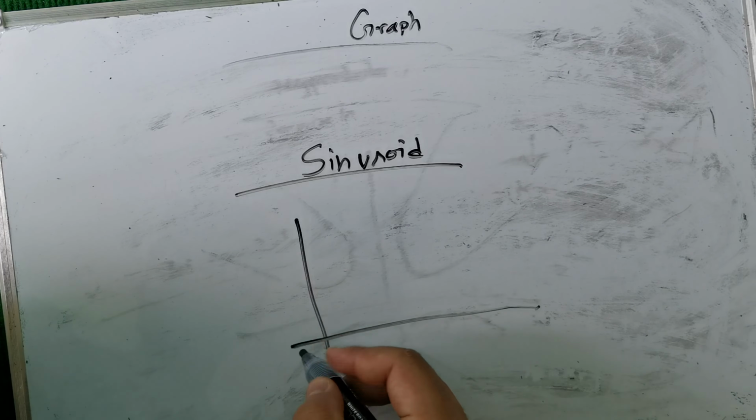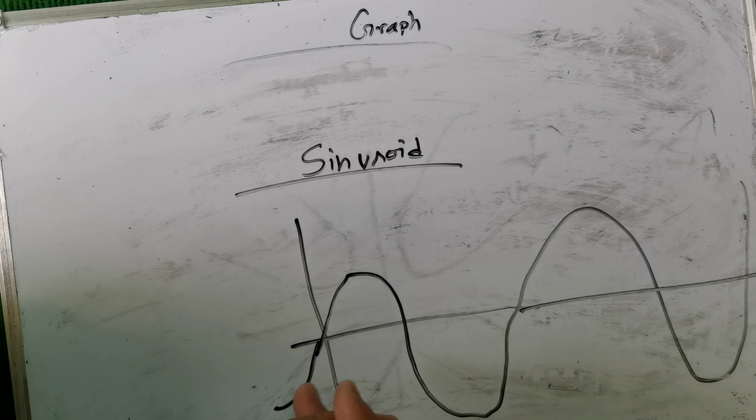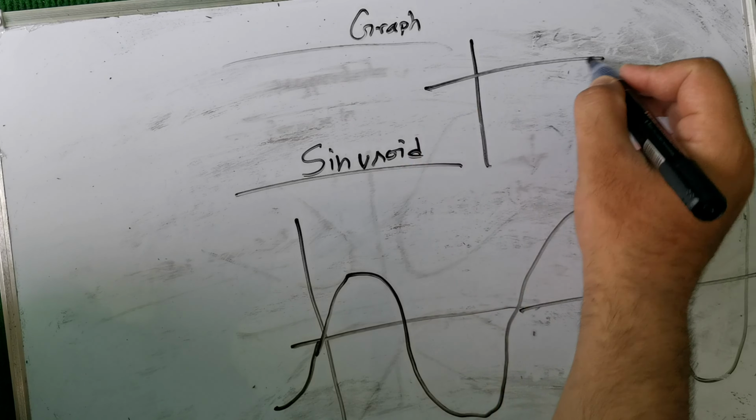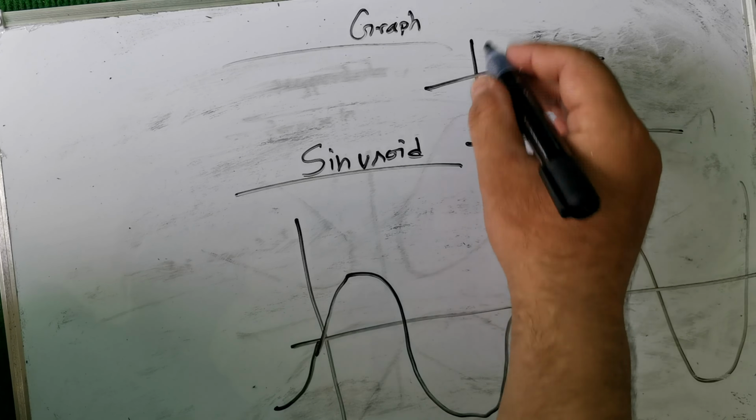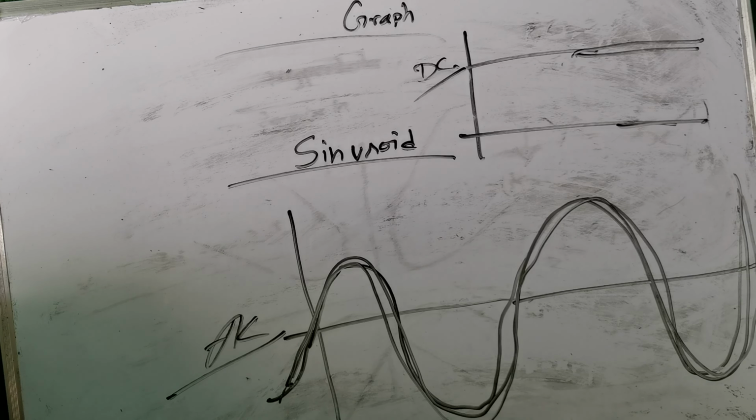This is the basic concept of electromagnetic waves and electricity waves. DC current has the same magnitude, while AC current has different magnitudes. DC current flows like this, but AC current flows like this, and this is a sinusoid wave. This is known as sinusoid motion. It is very important for your exam.